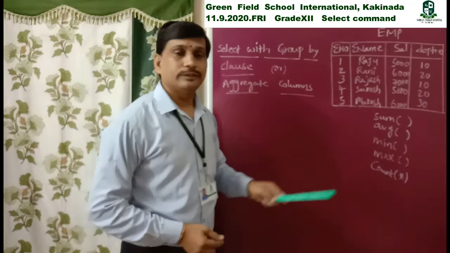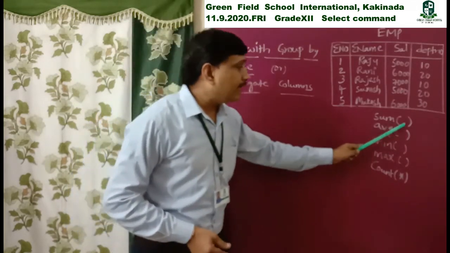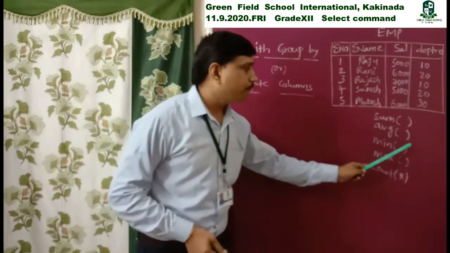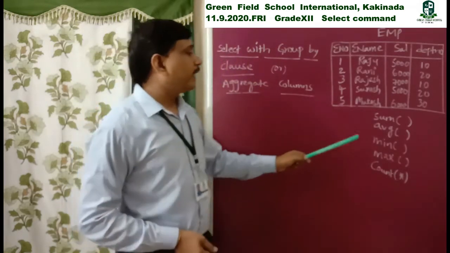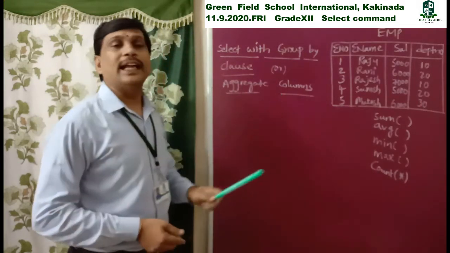That is the sum function. Like that, average, AVG. All these are functions, that's why I use brackets. Functions are methods. So that's why these 5 functions are called aggregate functions or aggregate columns.